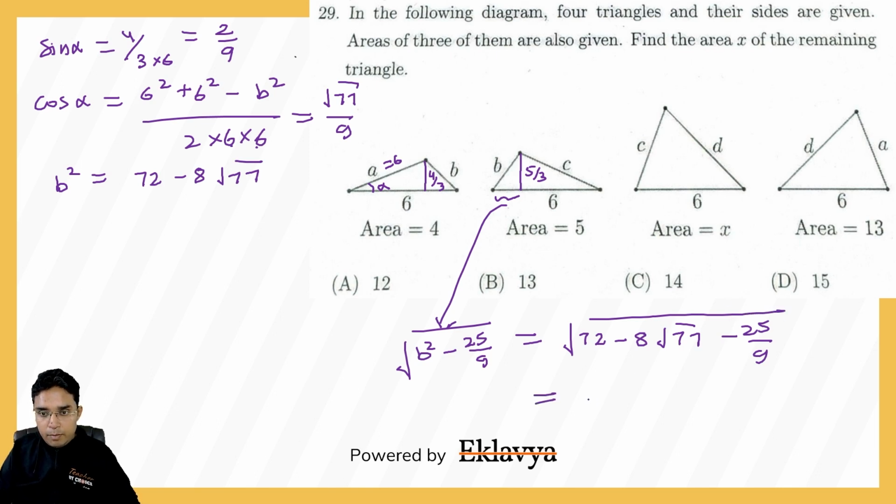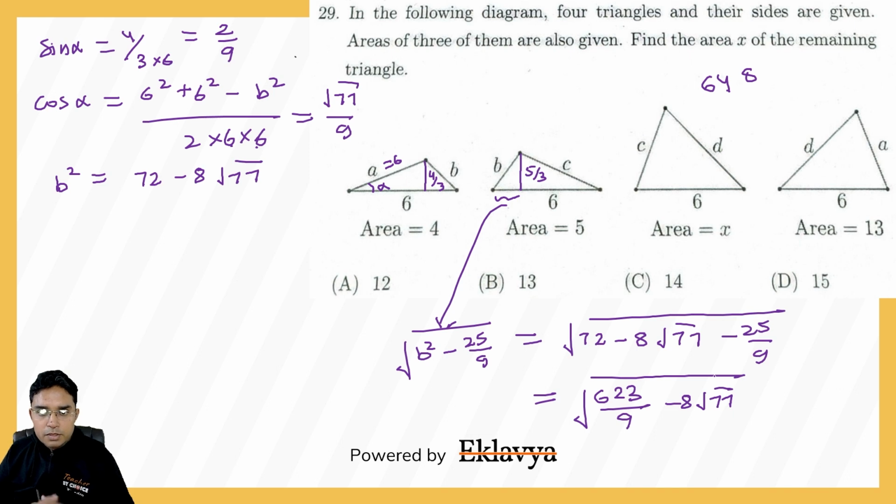It will be 72 into 9, which is 648. 648 minus 25, so that will be 623/9 minus 8√77. You can check the calculation. I hope this is correct.